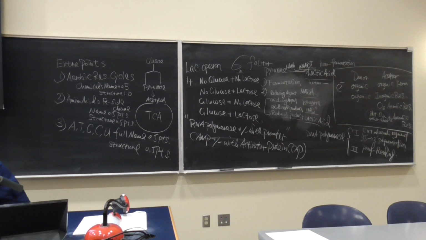Desulfovibrio. The electron acceptor is sulfate, and the reduced product is H2S. Okay? So the terminal electron acceptor is sulfate. But it's okay if you write H2S.